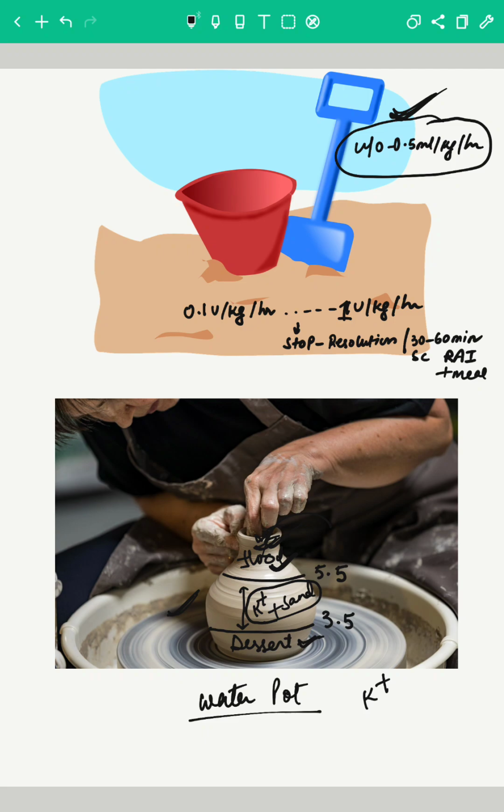Next important point that we have to remember is at what rate are we going to add this sand or the insulin that we were talking about.